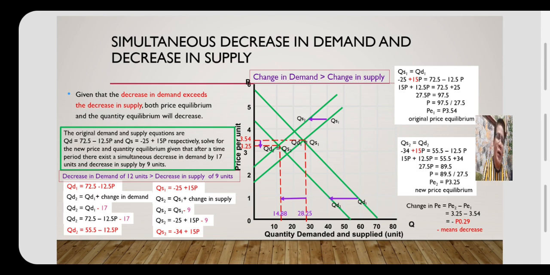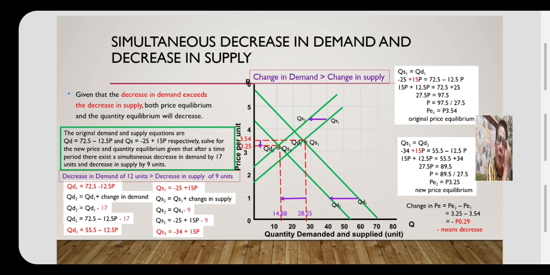In the earlier slides, it was more about the increase in demand exceeding the change in supply. Here, we will refer to the decrease in demand exceeding the change in supply, specifically the decrease in supply. So both the demand and the supply decrease.